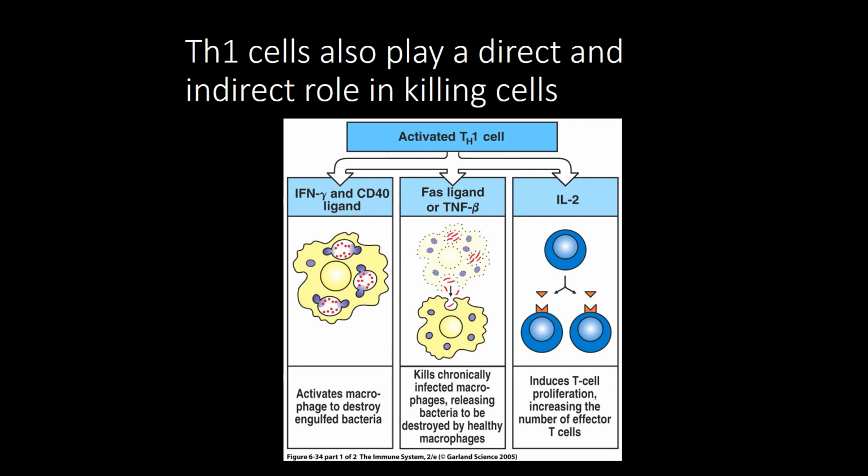But they can also express FAS ligand on their surface, and they can secrete TNF beta. So certain Th1 cells will do that, and they can kill cells, particularly chronically infected macrophages. In doing so, they release those intracellular bacteria, which can be destroyed by other mechanisms, including healthy macrophages and antibody-mediated attacks.